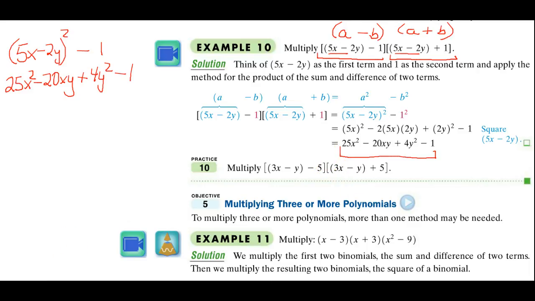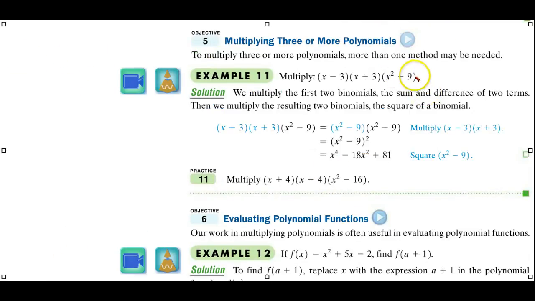Let's go on to 11. In example 11, we see we have 3 binomials. So the general way to do this is you FOIL one of them, or a set of them, I should say. And this just gives you x squared minus 9 in this case.